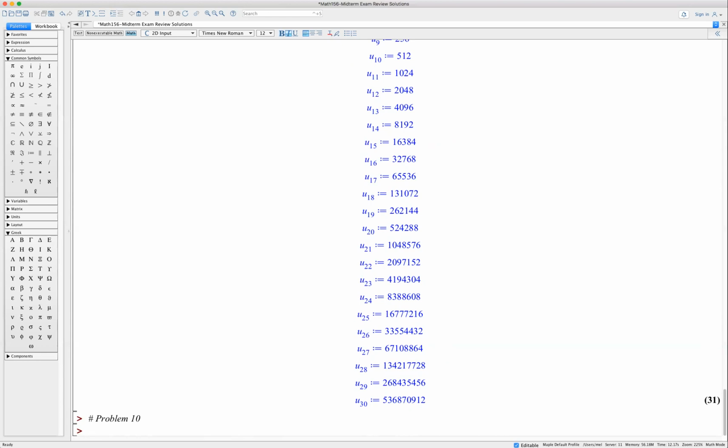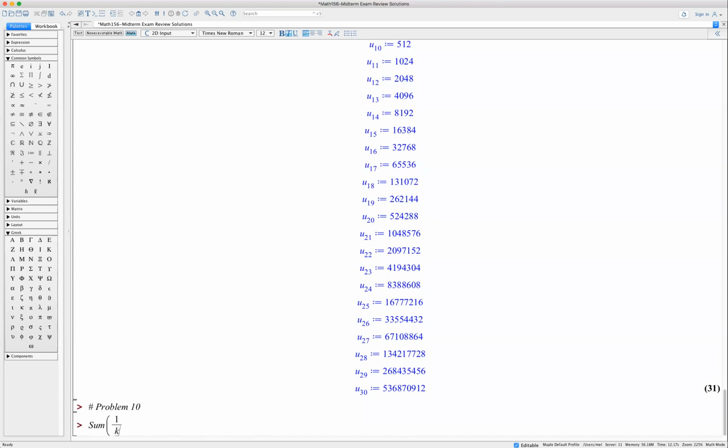Well, let me do it in several ways. This is not the best way, but this is certainly one way that works. Suppose I take the sum of 1 over k, k goes from 1 to n.